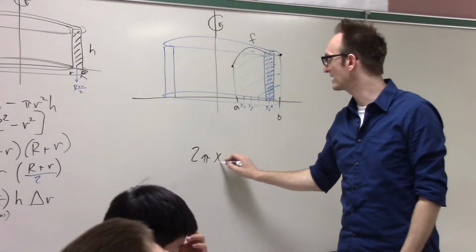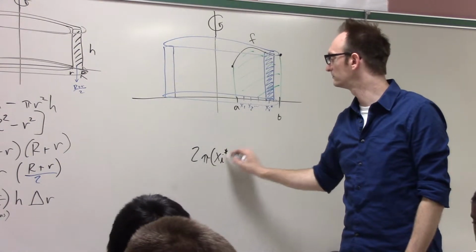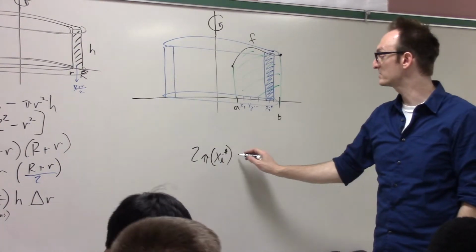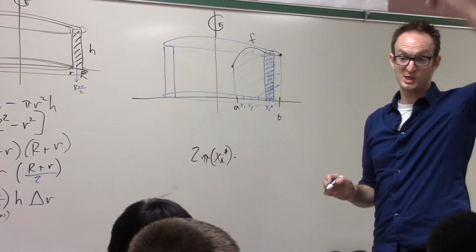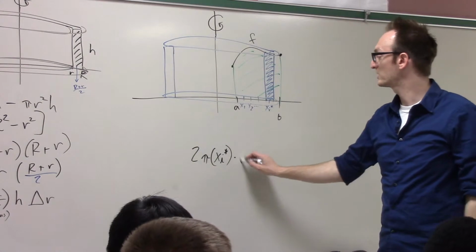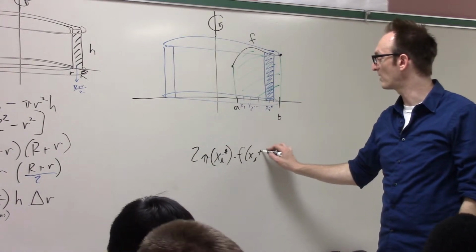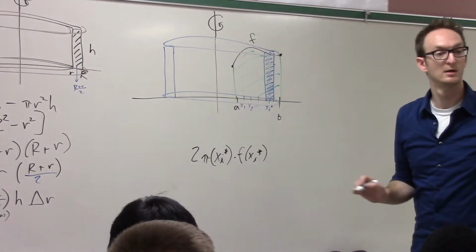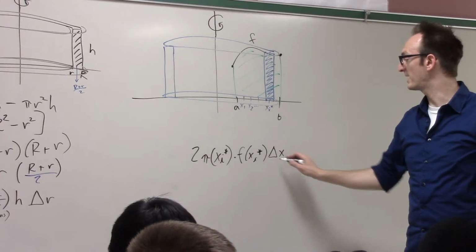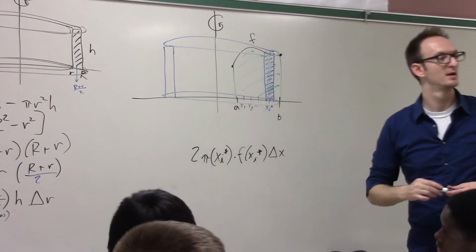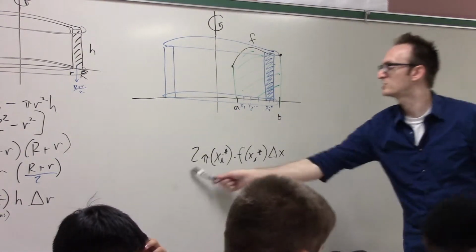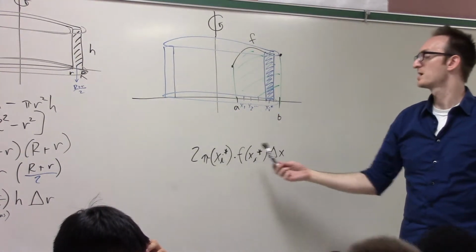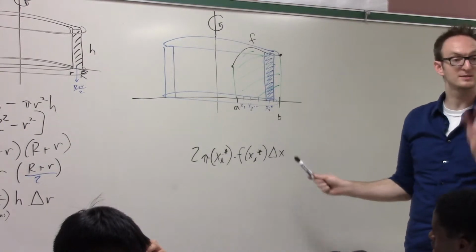So that's just x sub i star, times the height of the shell, which is f of x sub i star, times delta x. Are you guys with me? This just follows straight from our geometric analysis of the shell over there. It's 2 pi, the radius, times the height of the shell, times the thickness of the shell.